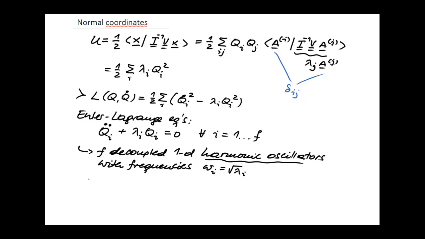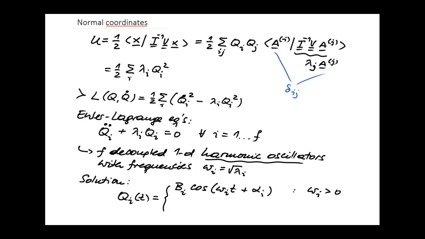Now, what are the solutions? Or what is the solution of the harmonic oscillator Qi of t? When we have a harmonic oscillator with frequency omega i, then the solution is some constant Bi, an arbitrary integration constant, times the cosine of omega i times t, plus some phase, that's also an integration constant, an arbitrary phase, alpha i.